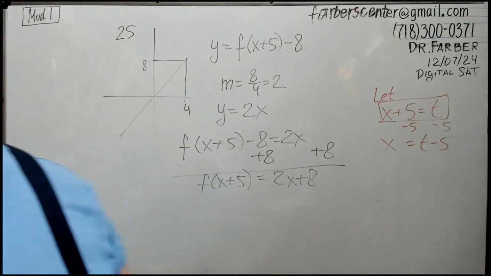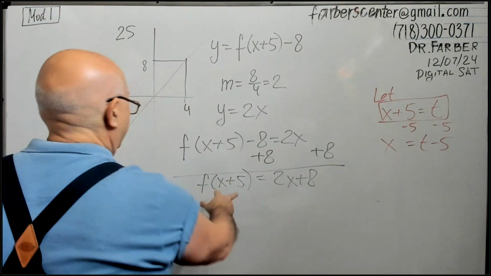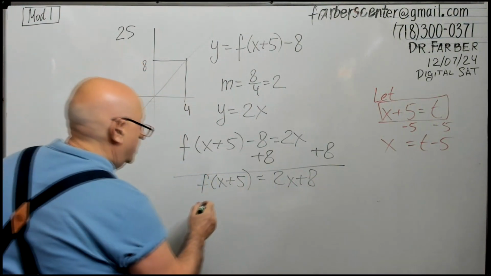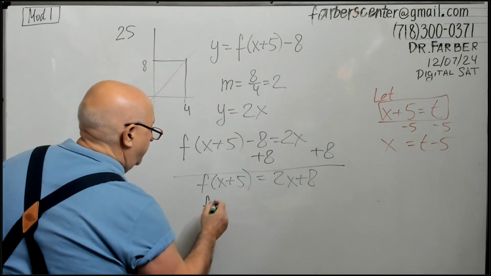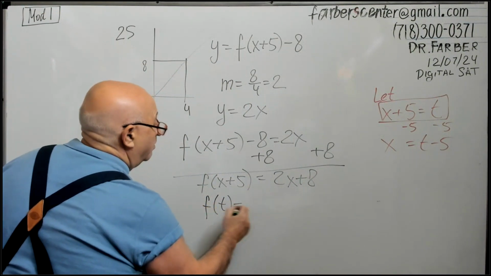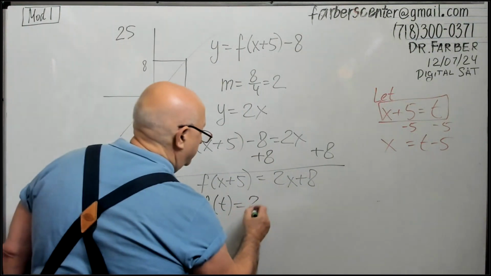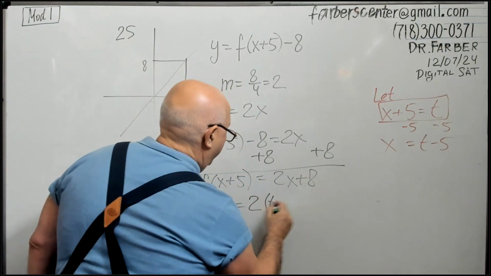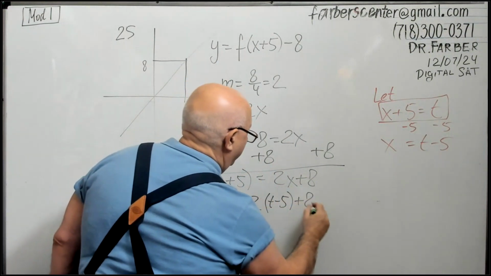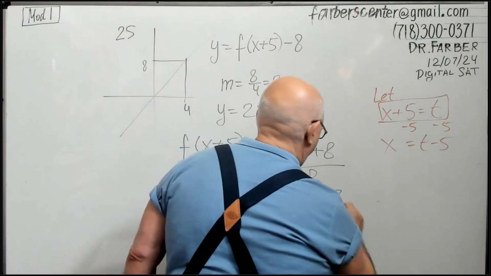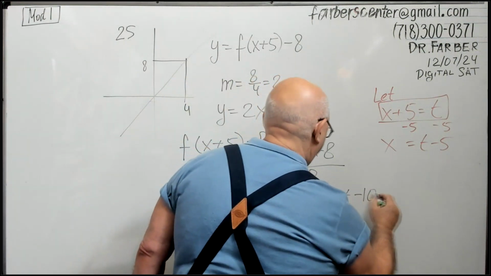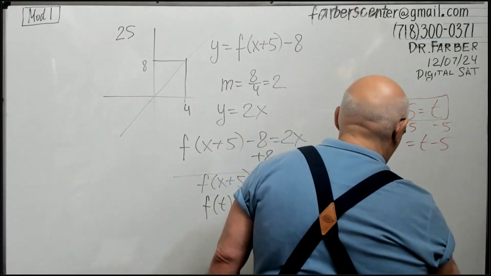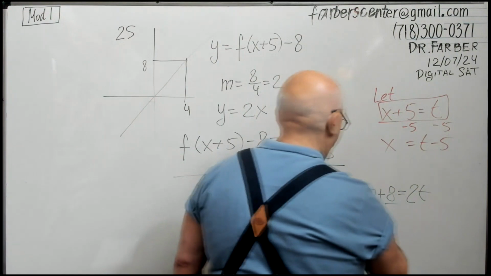This is a powerful way to simplify. F of x plus 5, which is t, equals 2 times x plus 8, but x equals t minus 5. So 2 times t minus 5, plus 8, or 2t minus 10 plus 8, distributing. It would be 2t minus 2.